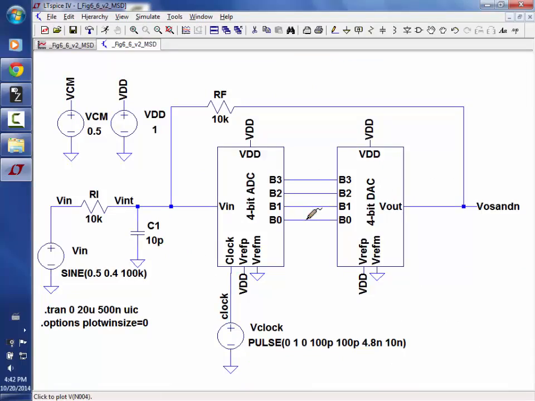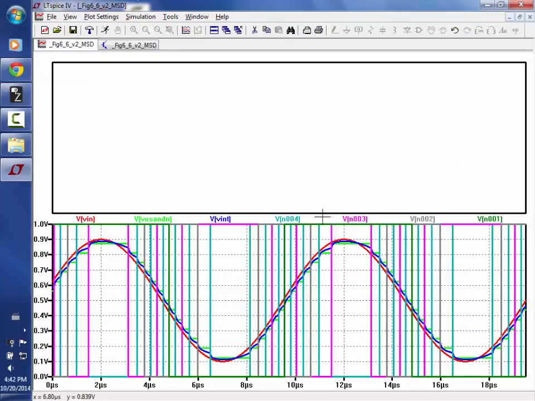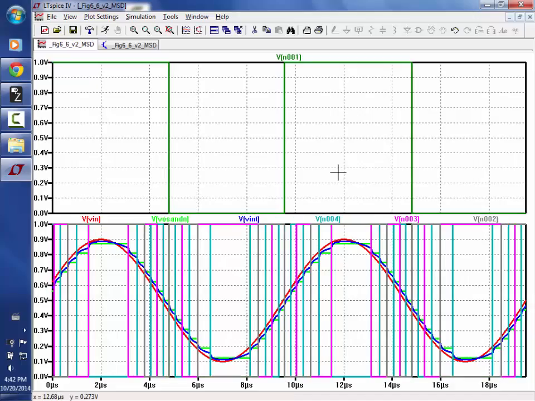So let's do B0, B1, B2, B3. Add plot plane. Which one was first? Are you sure?